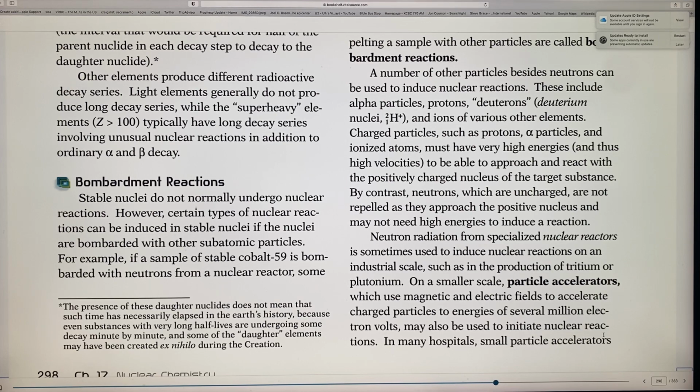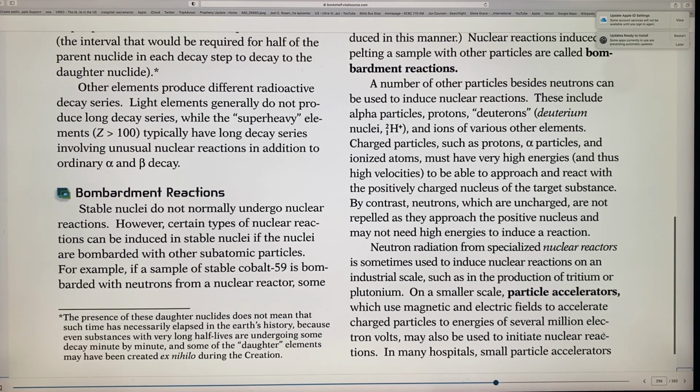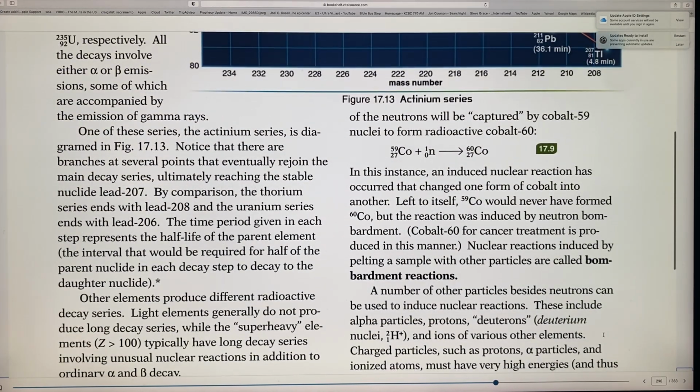For example, if a sample of cobalt-59 is bombarded with neutrons from a nuclear reactor, some of the neutrons will be captured by cobalt-59 to form radioactive cobalt-60. Here's a picture: 59, and a neutron comes in, and then the cobalt changes. In this instance, an induced nuclear reaction has occurred that changed one form of cobalt into another.